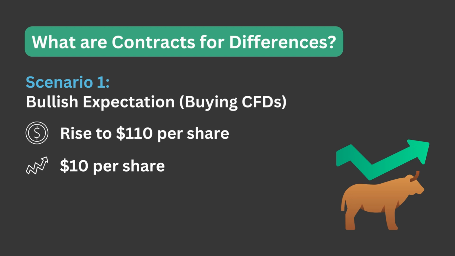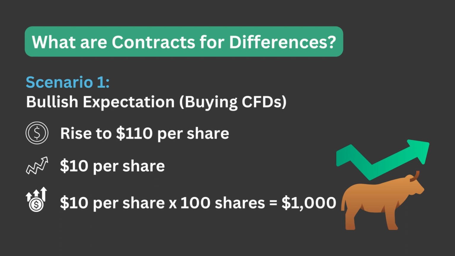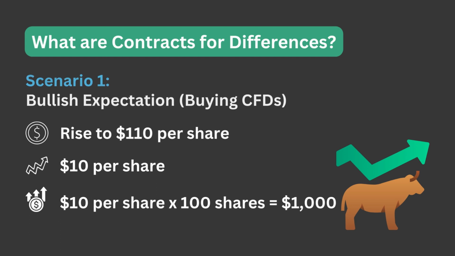Since you have a contract size of 100 shares, your profit would be $10 per share multiplied by 100 shares equals $1,000. In this scenario, your initial investment of $1,000 would have generated a 100% return thanks to the leverage provided by the CFD. However, it's important to note that if the price had gone down, you would have incurred losses in proportion to the price decline.